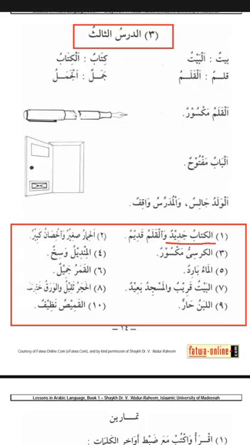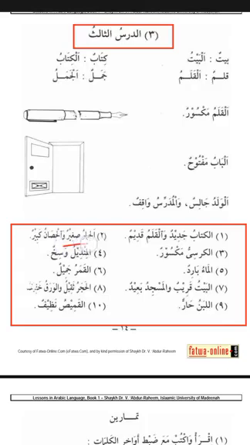Al-kitabu jadidun, the book is new. Wal-qalamu qadimun, and the pen is old. So here we have two words that are opposite to each other. Jadidun is new, while qadimun, old, is the opposite of jadidun.